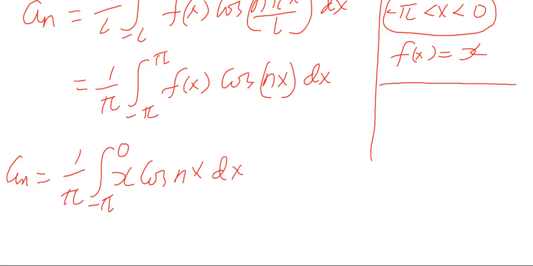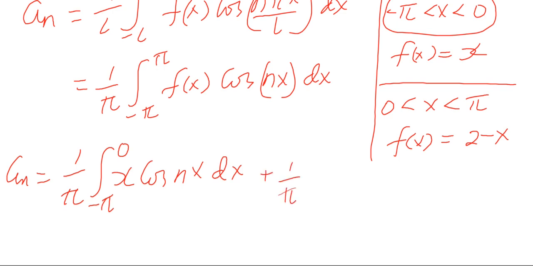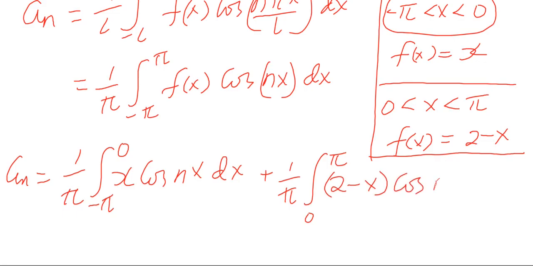Then, in the interval between 0 and pi, the function f of x is defined as 2 minus x. So we shall substitute the second interval and write 1 over pi, integral from 0 to pi, and in this interval, the function is 2 minus x, cosine of nx. We integrate with respect to x.